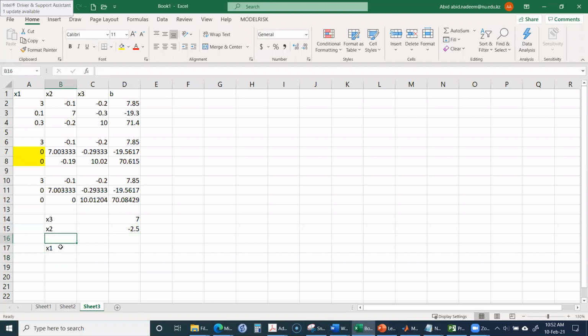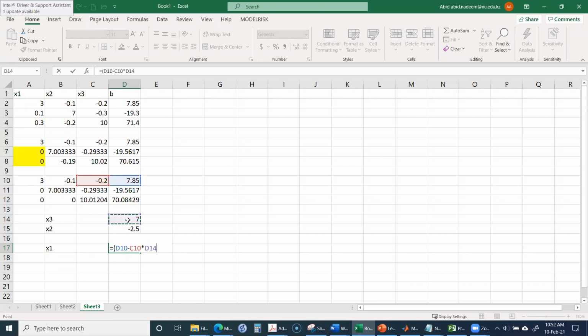For x1, I will take this first value and then subtract this value multiplied by x3, and then subtract this value multiplied by x2, and then close the bracket and divide by 3.